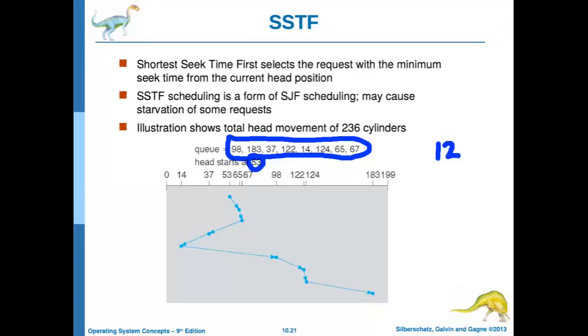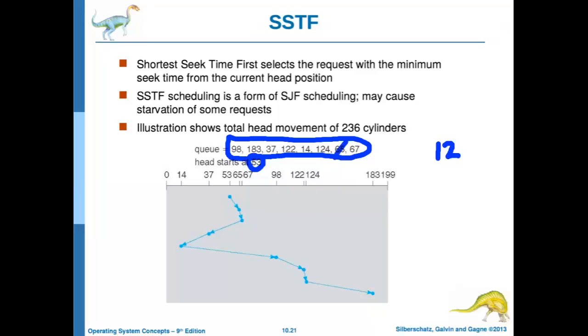So in order to provide service to the first cylinder request, 65 will be selected. The reason is currently I am at 53 and we want to have minimum seek time first. So the nearest cylinder will be selected. And this will be repeated till there are requests in the queue.